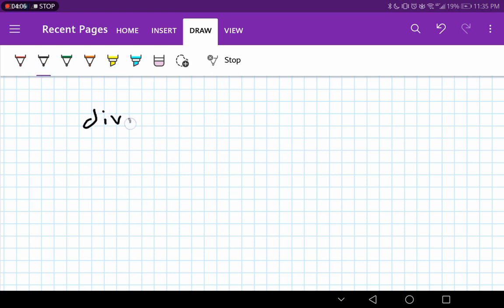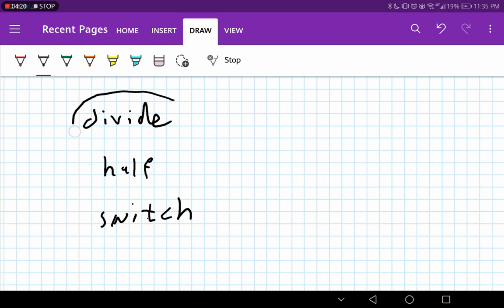Divide, then take the half, then switch the sign. B divided by A, half the answer, switch the sign of the answer.